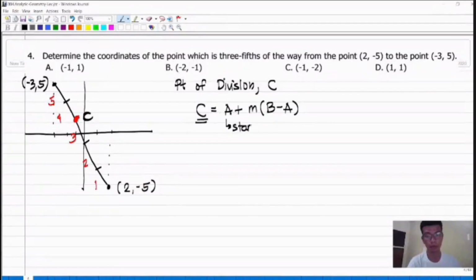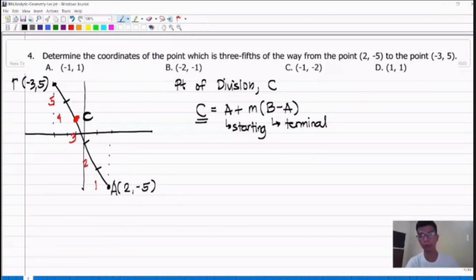Kaya kung papangalanan natin yung dalawang points na given sa ating problem number 4, si (2, -5) yung letter A natin dahil siya ang starting point, and si (-3, 5) naman yung letter B dahil siya ang terminal point. So our A in rectangular form will be 2 minus J5, and then yung B naman natin is negative 3 plus J5. So how about the M?